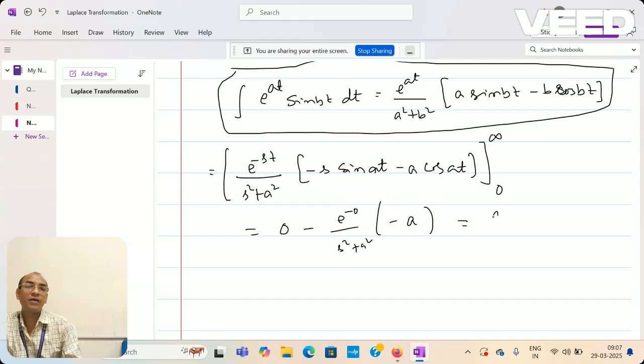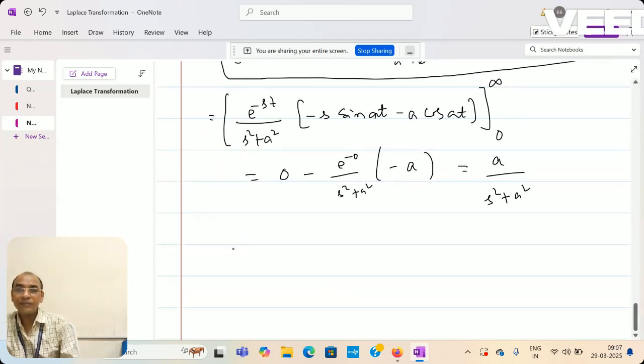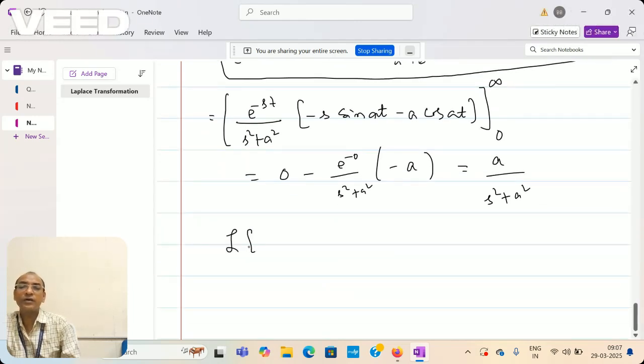And so finally I will have a by s square plus a square. That means the Laplace transformation of sin at will be nothing but a by s square plus a square.